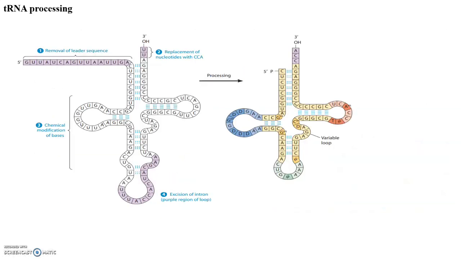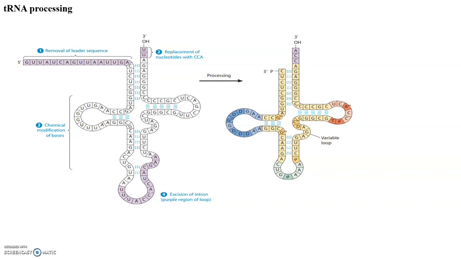Next is tRNA processing. Cells synthesize several dozen kinds of tRNA molecules, each designed to bring a particular amino acid to one or more codons in the mRNA. A mature tRNA molecule contains only 70 to 90 nucleotides, some of which are chemically modified. Base pairing between complementary sequences located in different regions causes each tRNA molecule to fold into a secondary structure containing several hairpin loops.